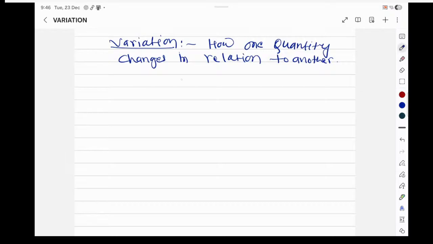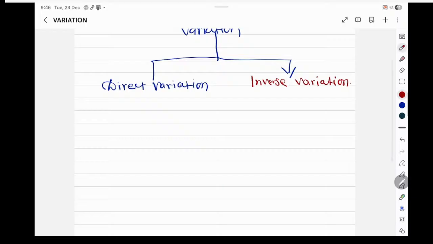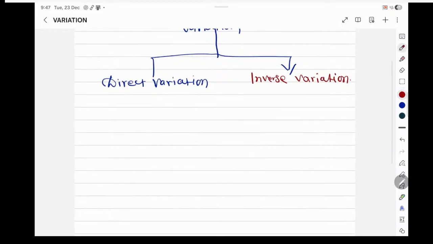There are two types of variation. First is direct variation, and second is inverse variation. So there are two types of variation.